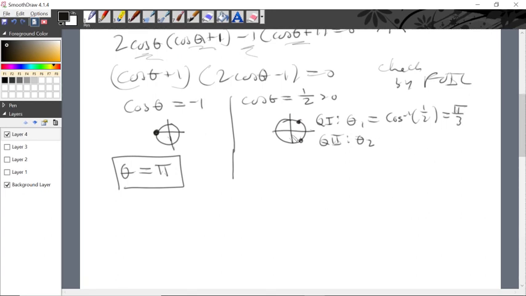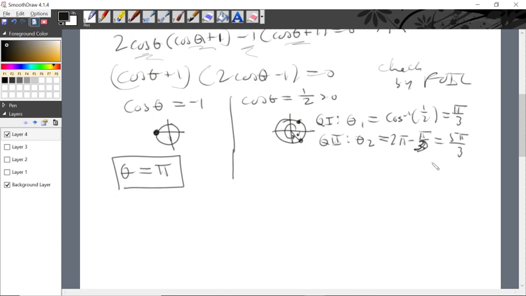For theta 2, we could choose in general negative pi over 3, but we want our solutions now between 0 and 2 pi from the instructions. So we're going to take theta 2 to be 2 pi minus pi over 3, which would give us 5 pi over 3.